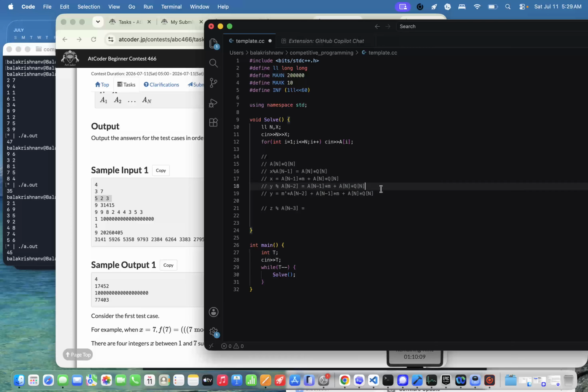Okay, so it is just take the modulo. It is a linear combination of all the numbers.